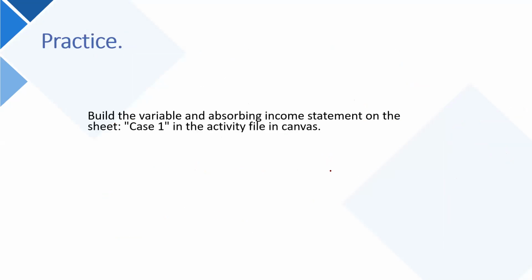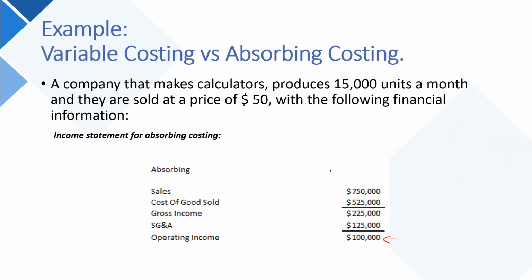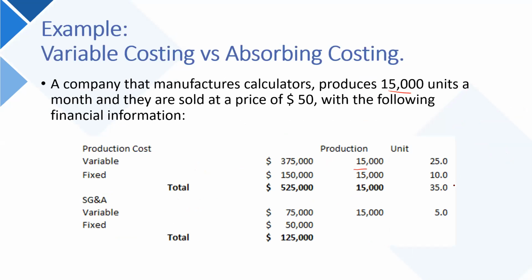Well, actually, it's pretty simple. I have here the cost of production. I did it in the previous exercise. I had my production variable and fixed cost. I have the total here. And all I'm doing is dividing by the production, and then I have the unit cost there. So I know my unit cost is 35. Before I move forward, just a quick question: do you get why it is 35?